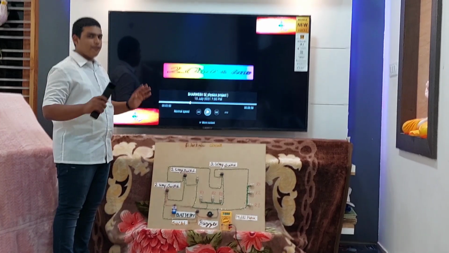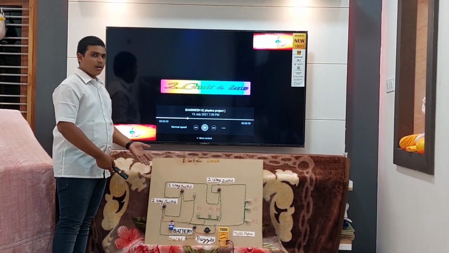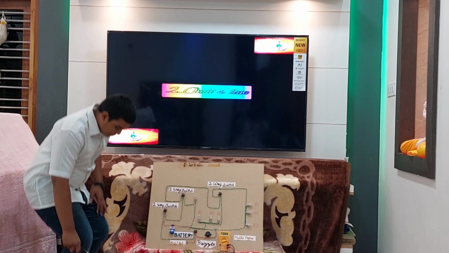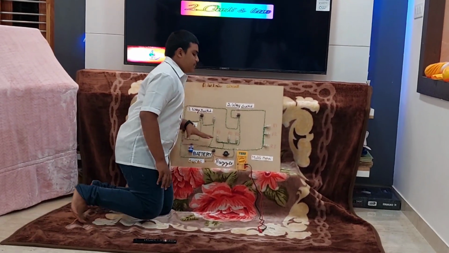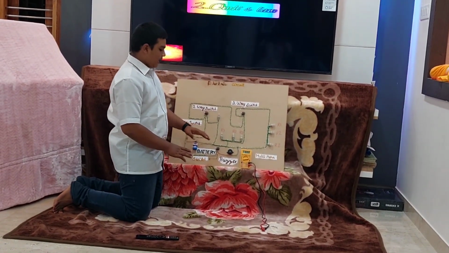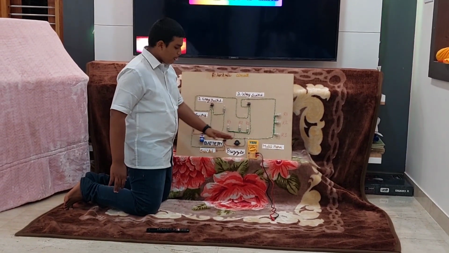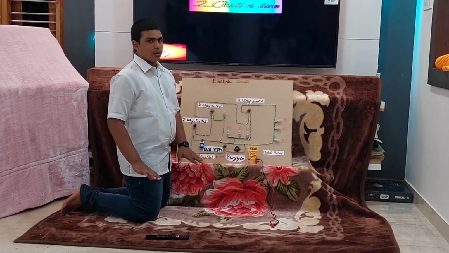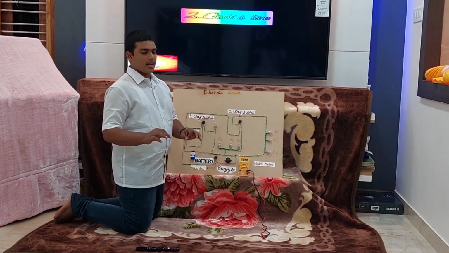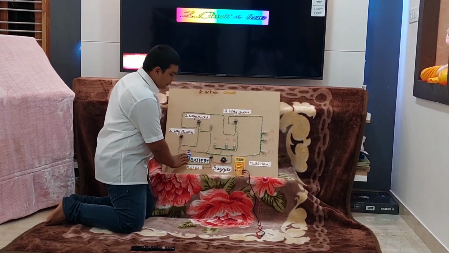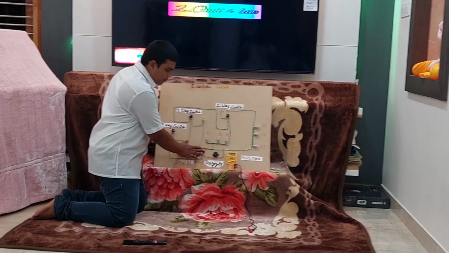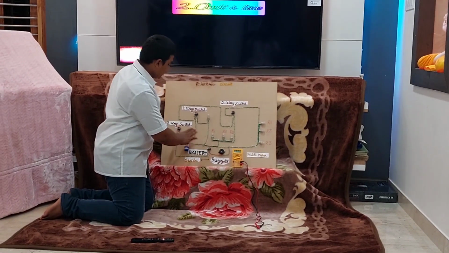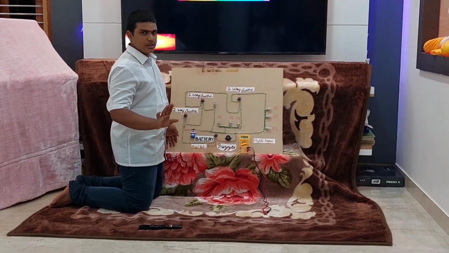Next is Ohm's law. Before knowing Ohm's law, let us see our working model. See, this is my working model. I have used a simple circuit here. For a simple circuit, the required materials are a battery, a single way switch, a buzzer, and a two-way switch.